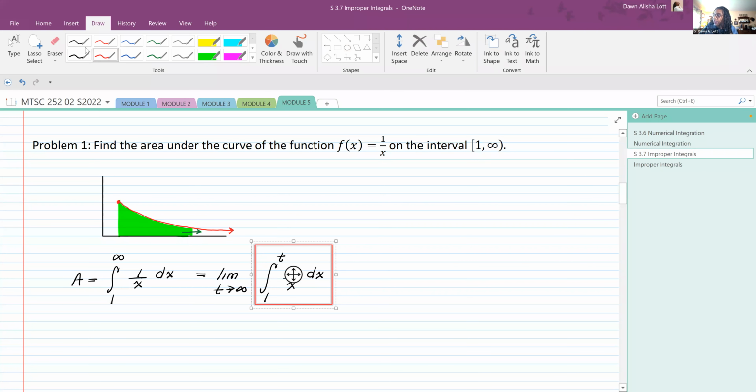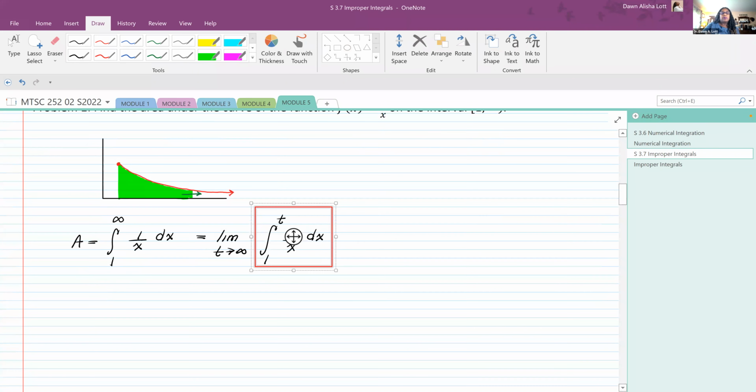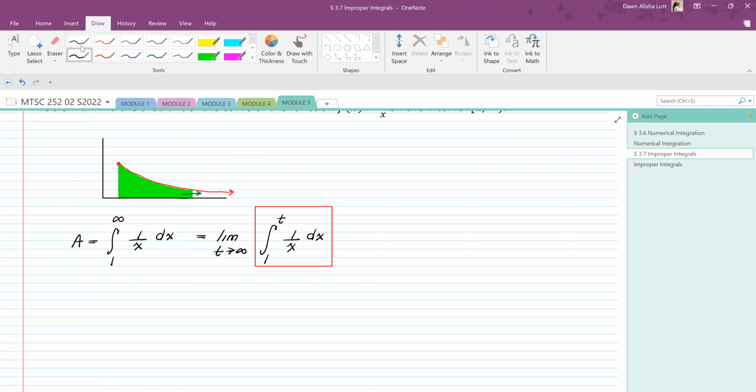How do I integrate that part? What's the integral of 1/x? Natural log. Natural log. Thank you very much. This is the limit as t approaches infinity of the natural log of the absolute value of x evaluated between 1 and t.